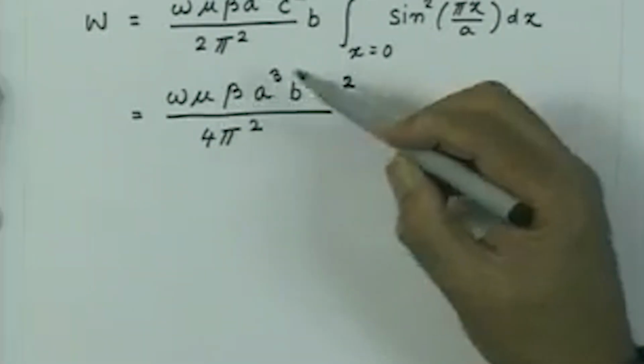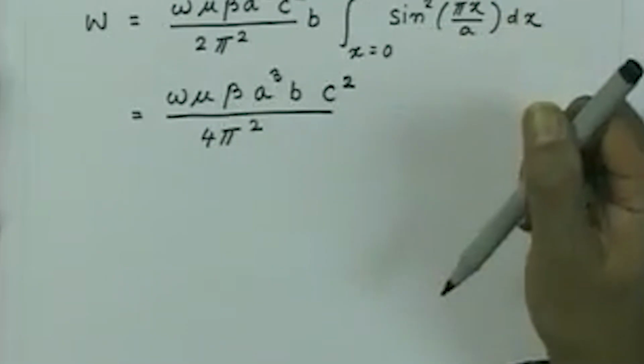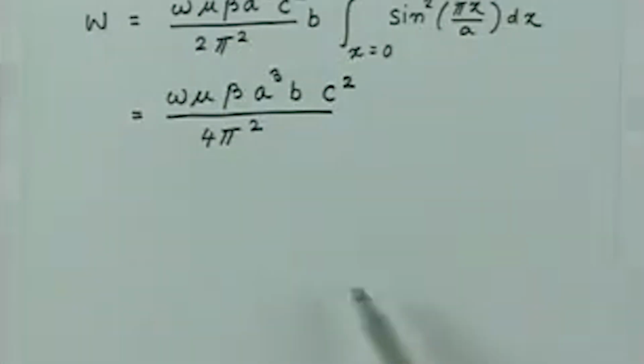So, if I know now the fields for the T10 mode, then we can calculate the total power carried by the waveguide.